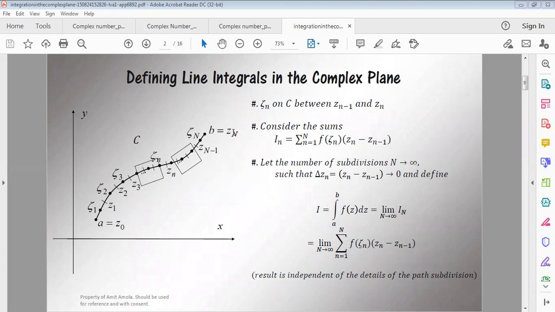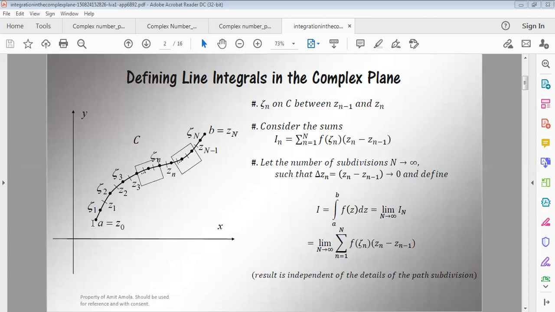Here capital N number of points. So this is a curve C, with first point A equals z0 and ending point B equals zn.